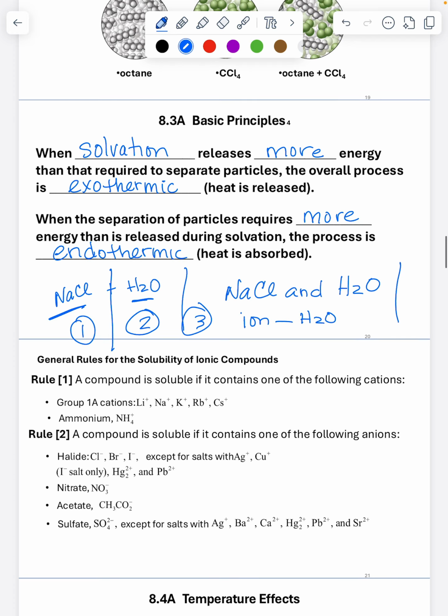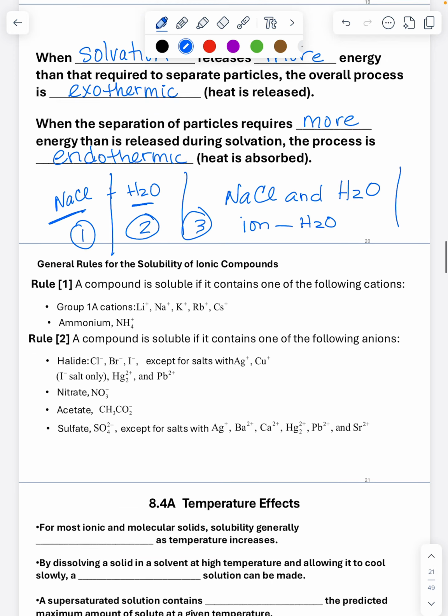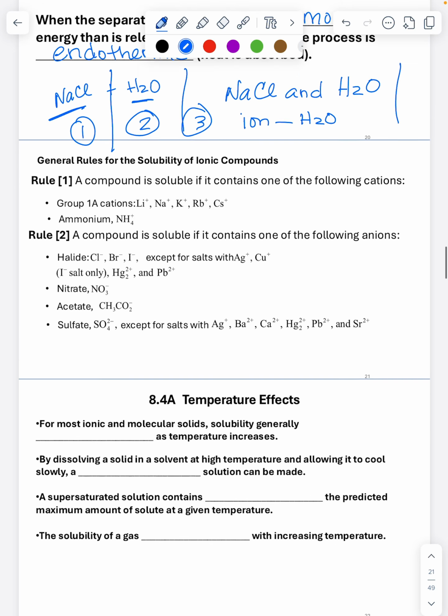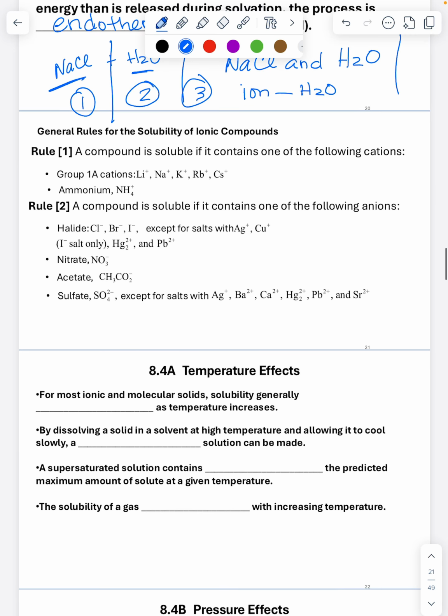When we speak of solubility, we have to look at solubility rules. So here are a few of those solubility rules that you will need as you work through the lab this week. We've already seen some of these as well. Rule number 1: a compound is soluble if it contains one of the following.